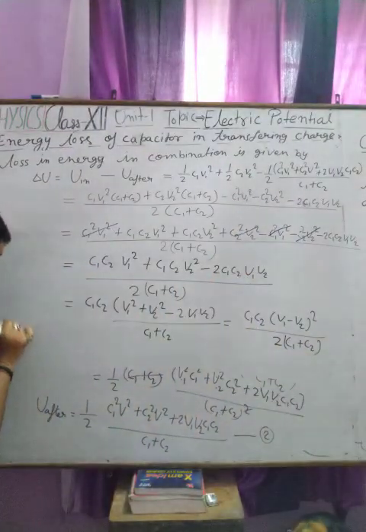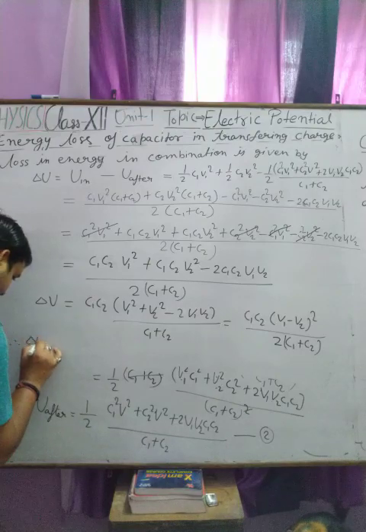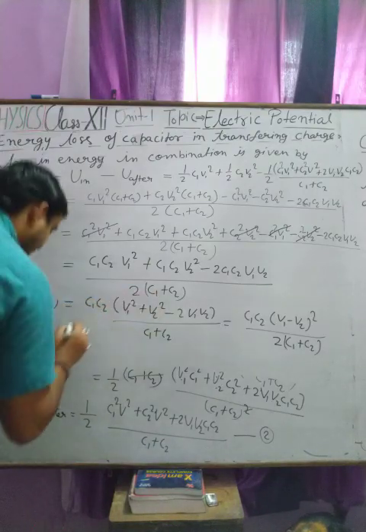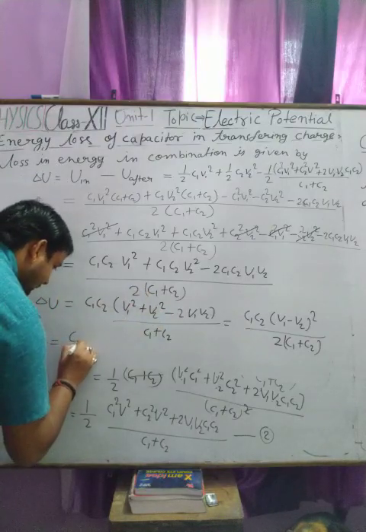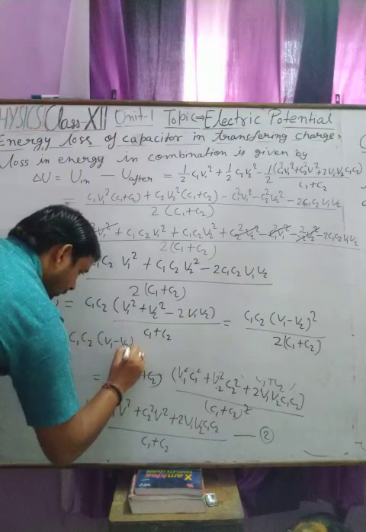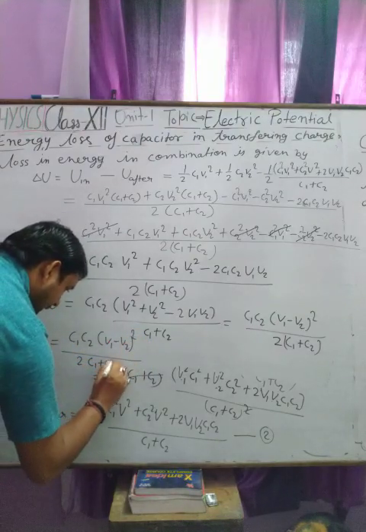Therefore, energy loss in capacitor after redistribution of charge is C1 C2 V1 minus V2 whole square upon 2 C1 plus C2.